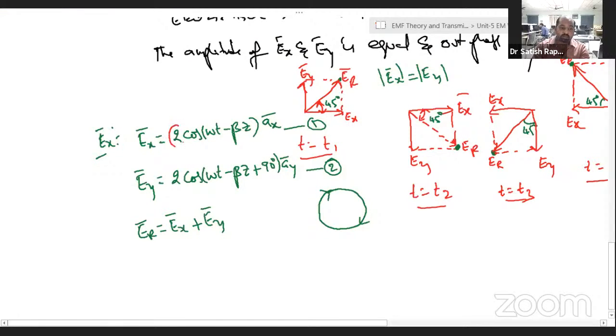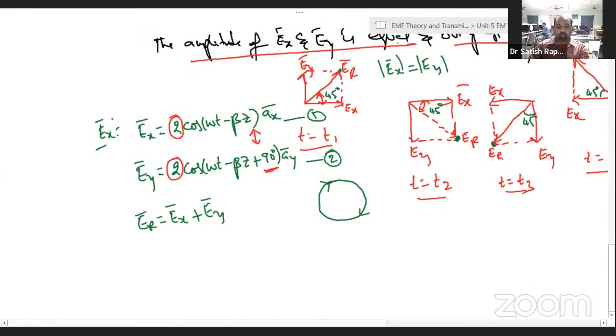What is the amplitude here? 2, and here? 2. So the amplitudes of Ex and Ey are equal, and the phase difference between these two is 90 degrees, so they are out of phase by 90 degrees. Then the electric field is circularly polarized.